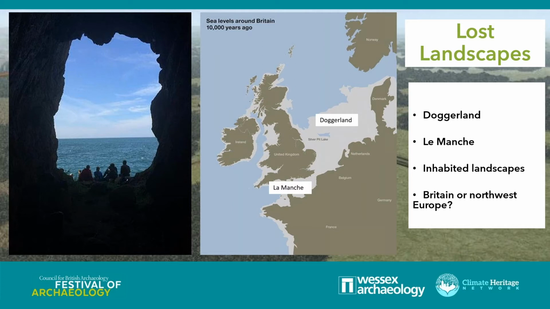This area similarly would have been a landscape through large periods of the Paleolithic, which was occupiable and which people lived within. This picture here is a cave site, looking out over what is today the sea. The key point to note is that during large periods of the Paleolithic, that would not have been sea. That would have been land, and these would have been landscapes in which humans were active.